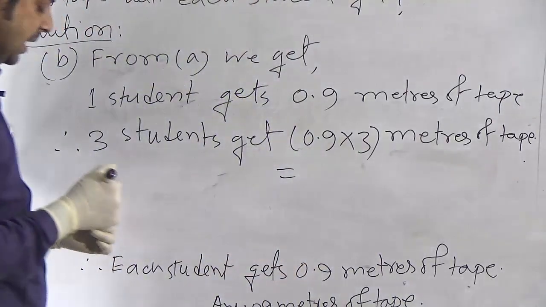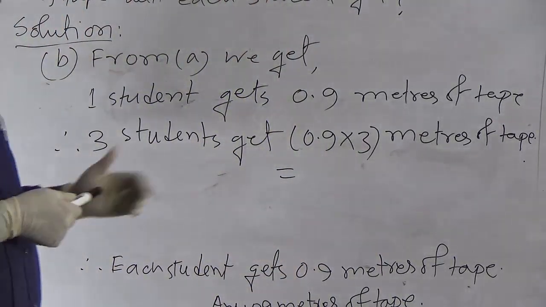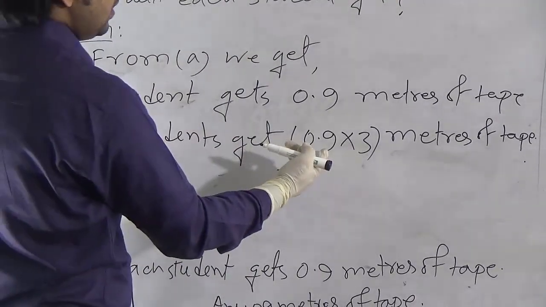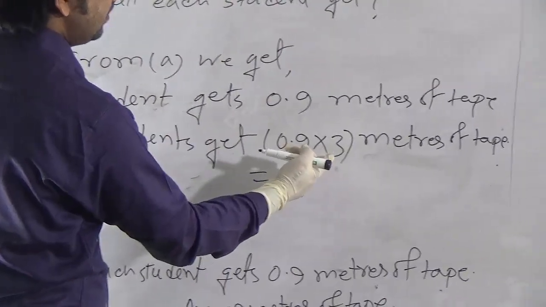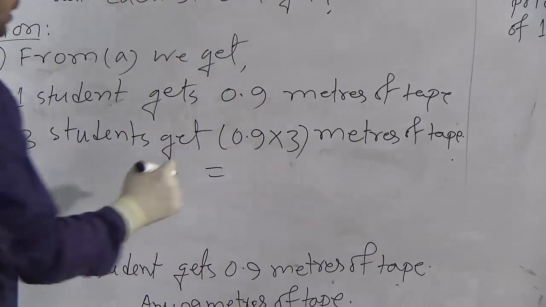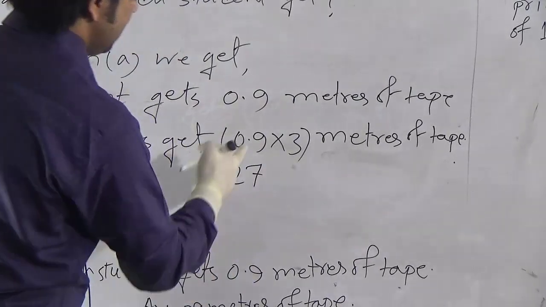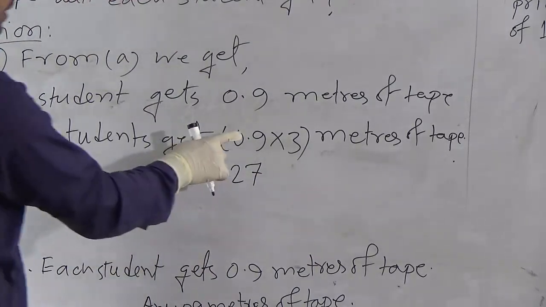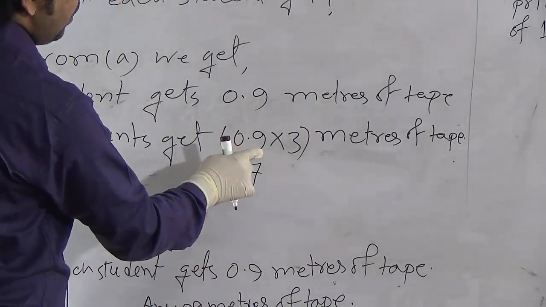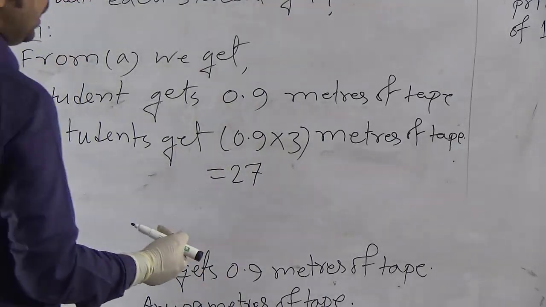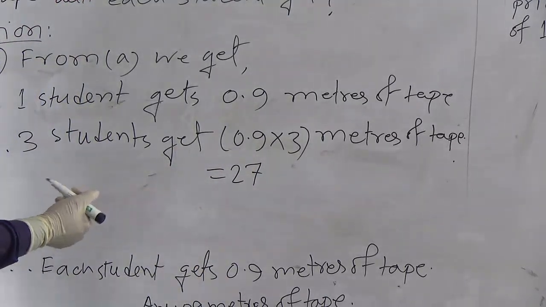This is a simple multiplication. Multiplication of decimals is nothing but simple multiplication. Just multiply this portion by 3. 9 3s are 27. Just we have to count the digits after the decimal. Here is only 9 after the decimal. So 1 digit. So we have to put the decimal counting from right to left.